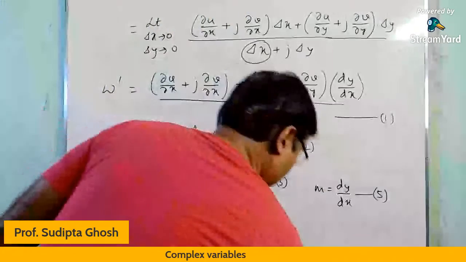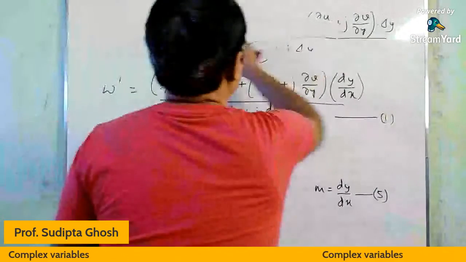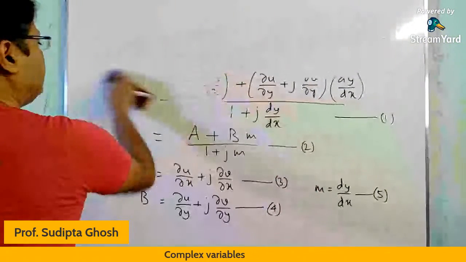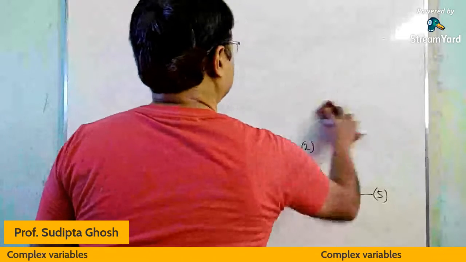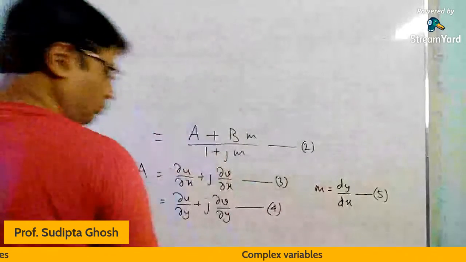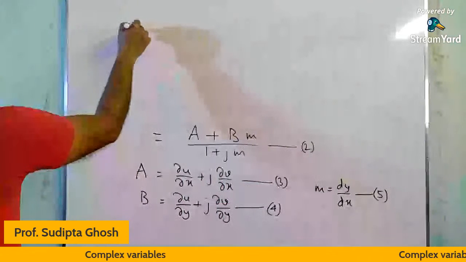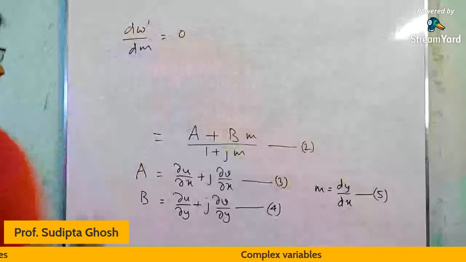So for w to be an analytic function, dw prime/dm must be equal to 0.